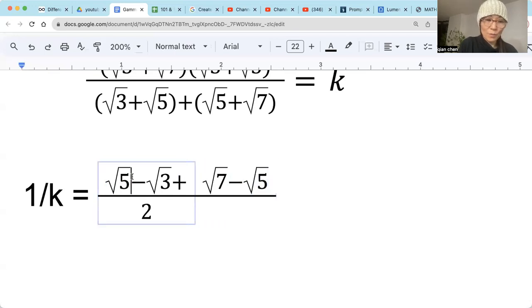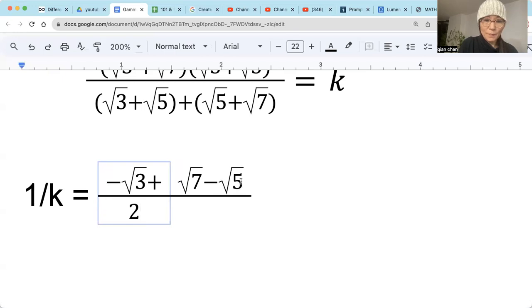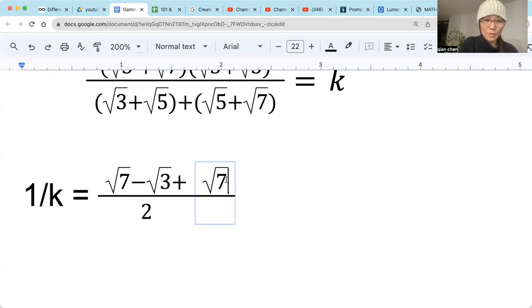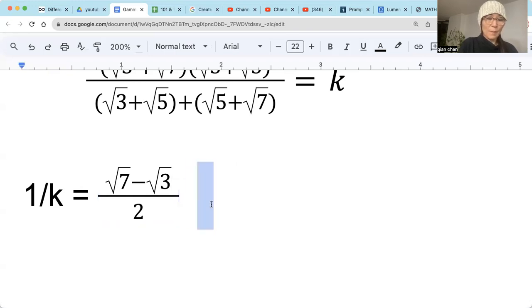So those two have to be 0. So I'm left with the square root of 7 minus square root of 3. Let's move square root of 7 to the front. So 1 over k is the square root of 7 minus square root of 3 divided by 2.